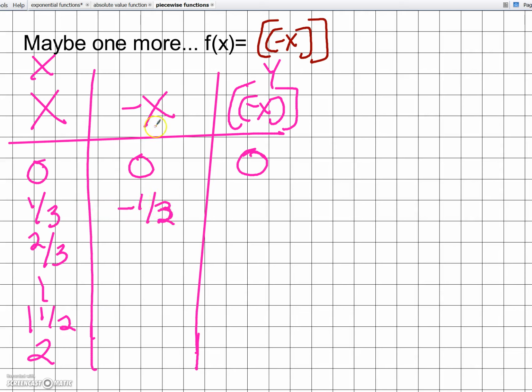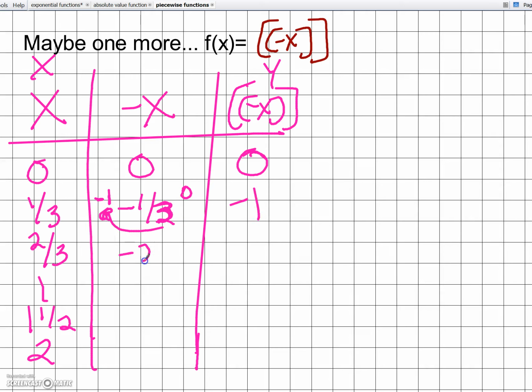Remember, we have to round this, but we have to go down, not up. This can be very tricky when you're throwing in some negative numbers. What would be down with this would be negative 1. If we rounded up, this would be 0. So we go down. This is negative 1.